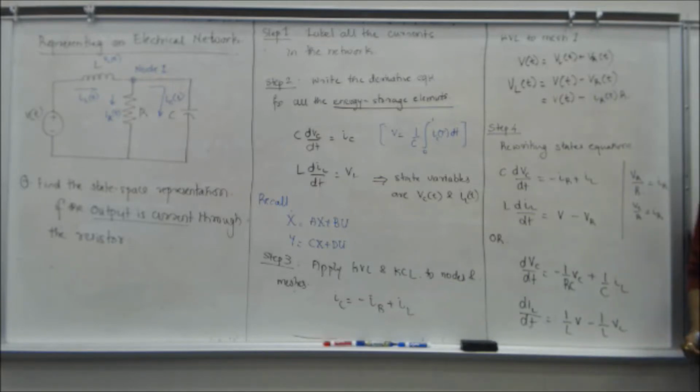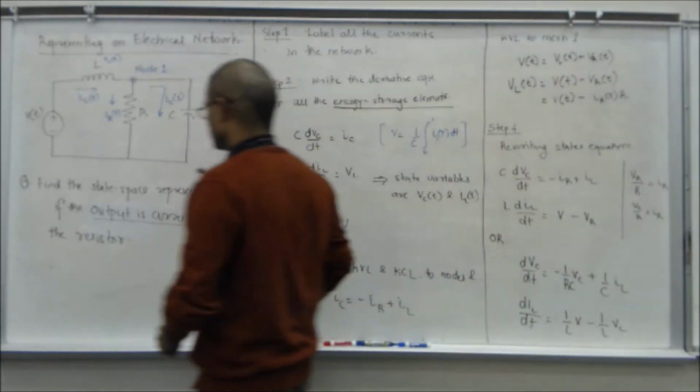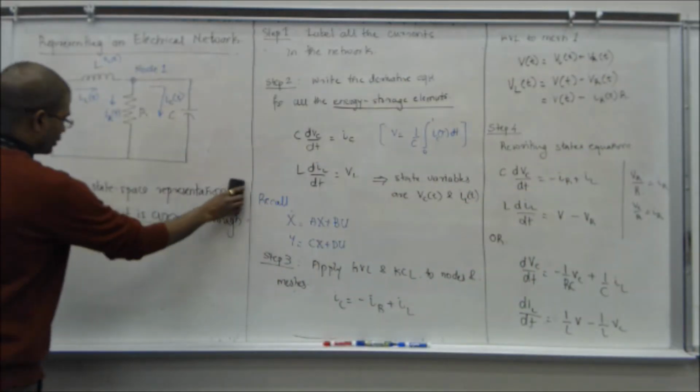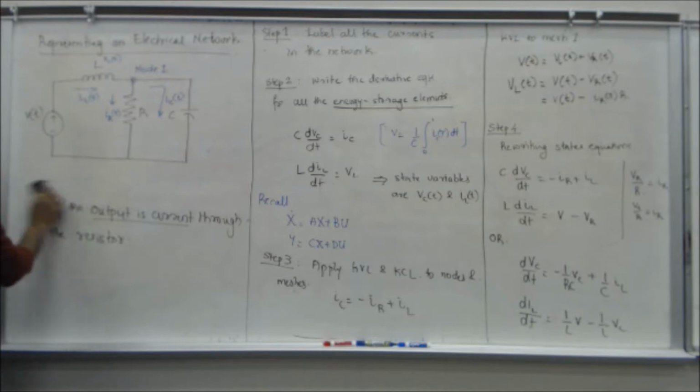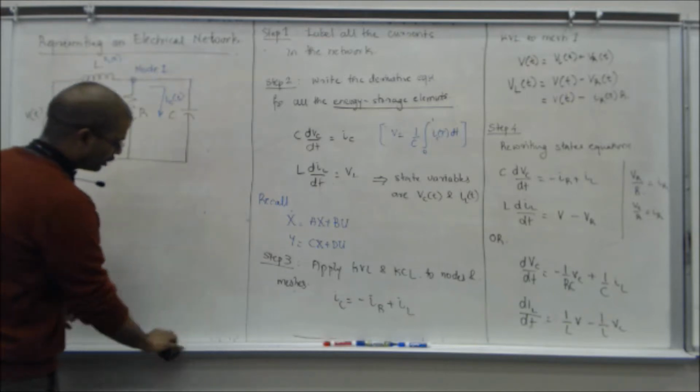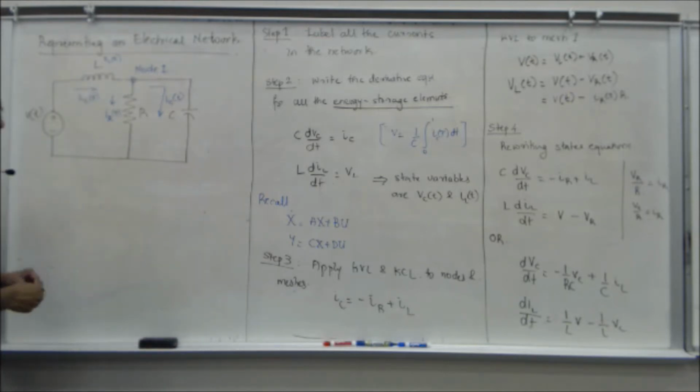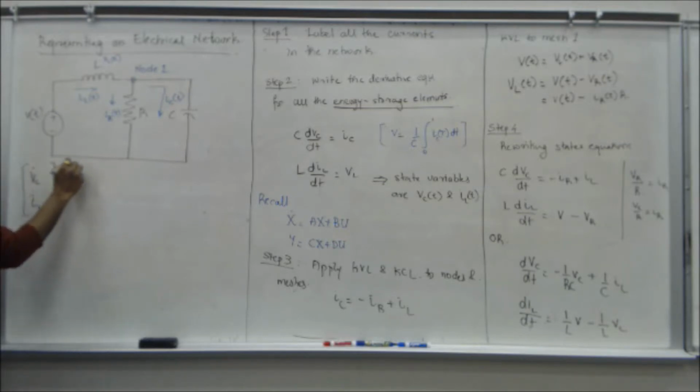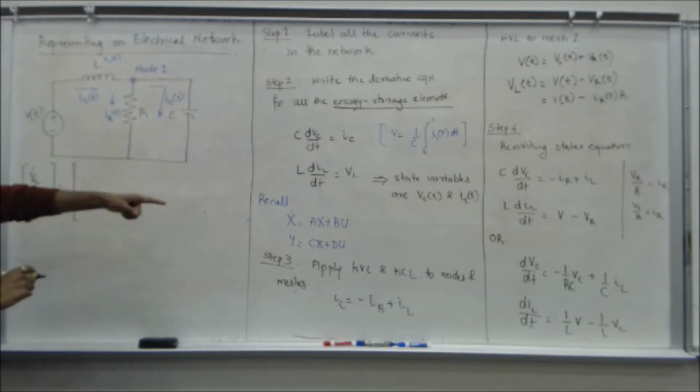What is your state equations? I'm going to erase this part. Your state equations, so what is, you have VC dot, IL dot equal to, what is A?